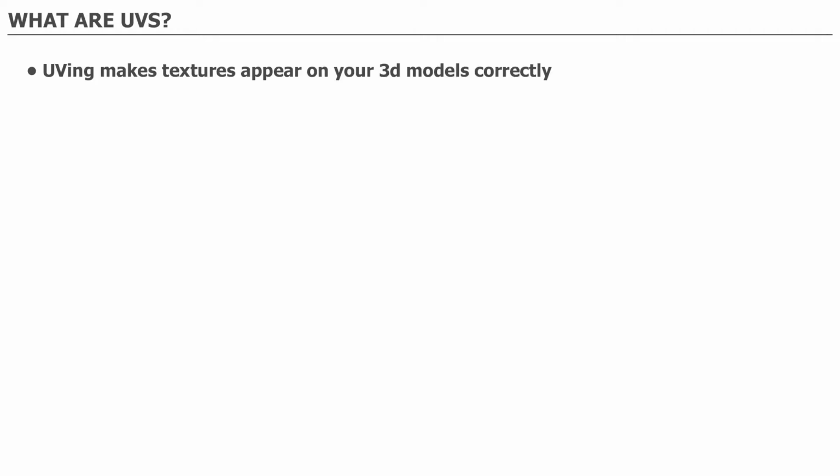Next concept you need to understand are UVs. UVing a model will allow you to make textures appear and display on your 3D objects correctly. There are three common terms that you will usually hear: UVing, UV mapping, UV unwrapping. All have slightly different definitions, but each is after the same outcome.